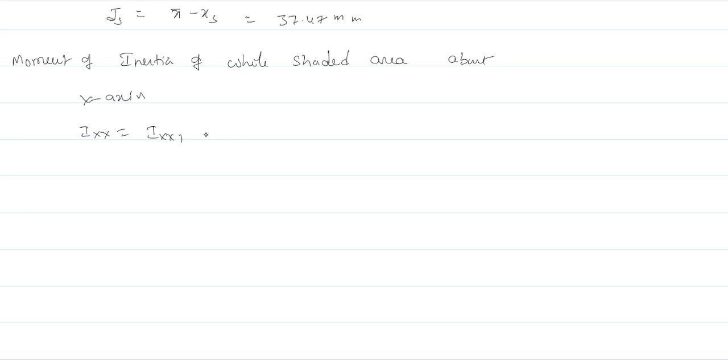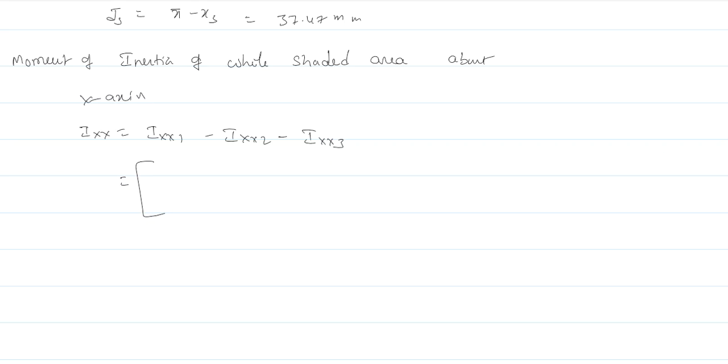Now most important step, moment of inertia. Moment of inertia of whole shaded area about x-axis, that is Ixx is equal to Ixx1, that is moment of inertia of section 1, minus Ixx2 minus Ixx3.